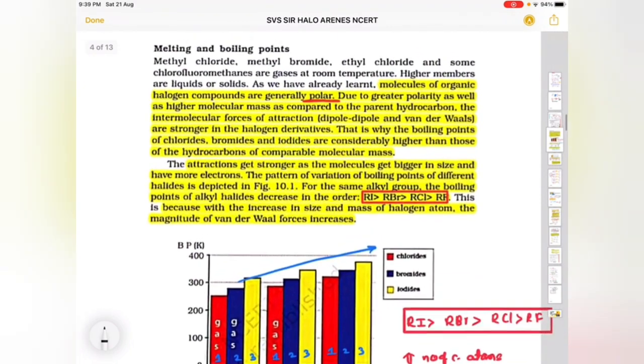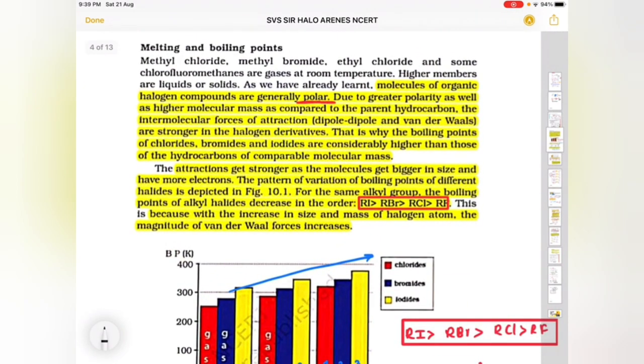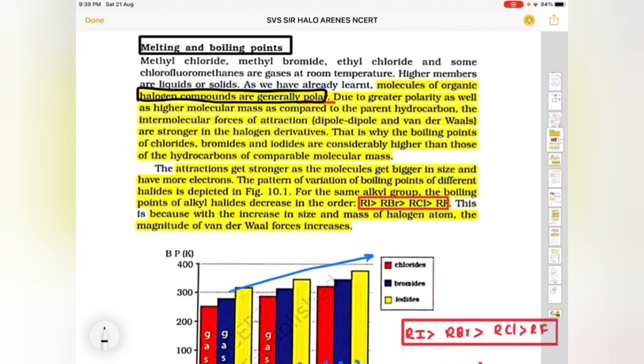So next one, let us discuss the physical properties. The first one, melting and boiling points. If you observe very clearly, generally halogen compounds are polar in nature. Because of the polar nature, halogen compounds have higher boiling points and melting points.